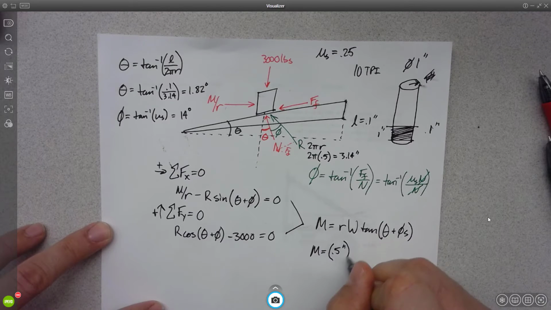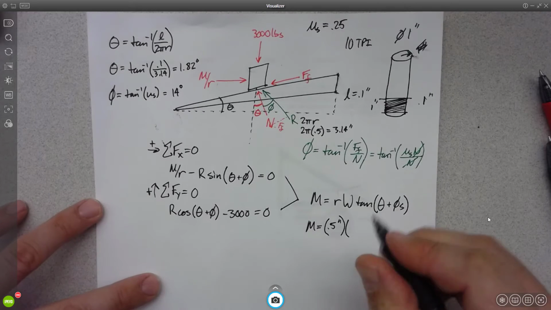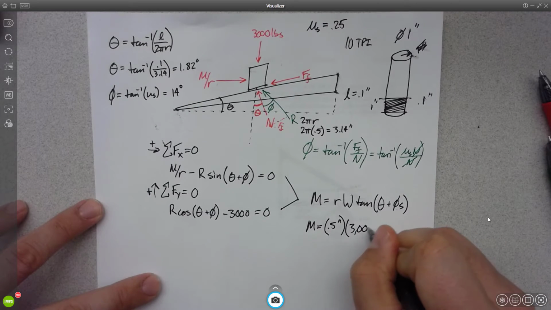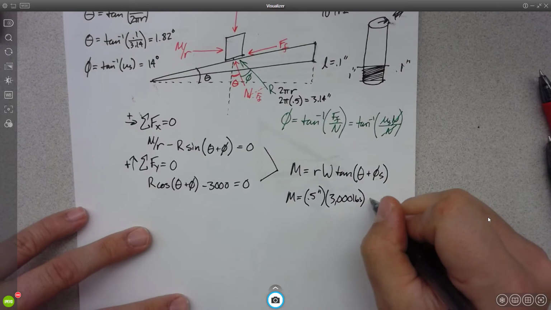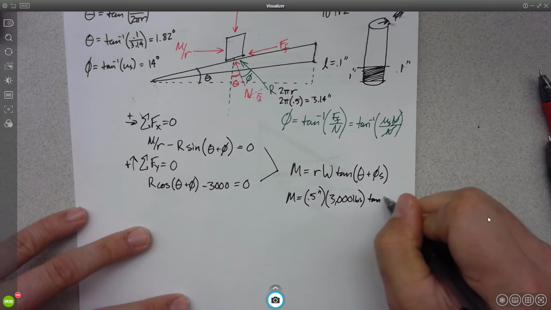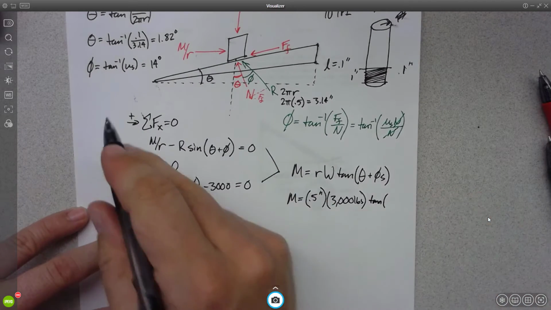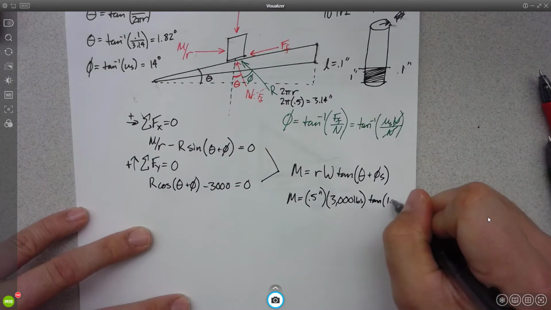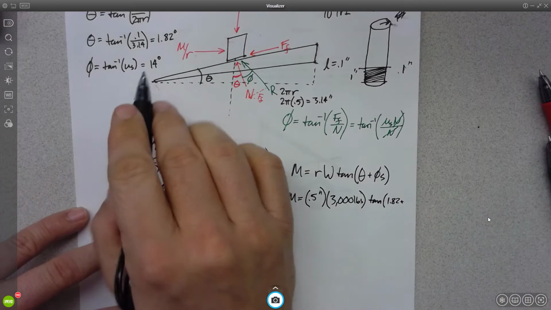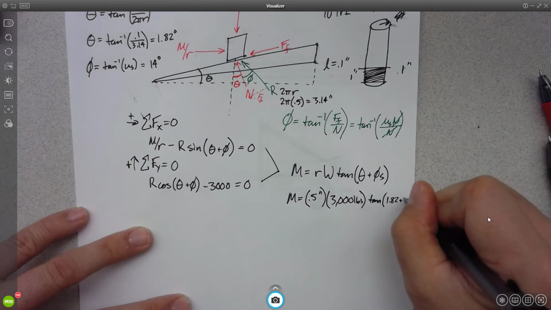So the moment to lift my truck is going to be the radius of the screw, 0.5 inches, times the weight I'm lifting, 3,000 pounds, times the tangent of the angle of the ramp, 1.82, plus the angle of static friction, 14.